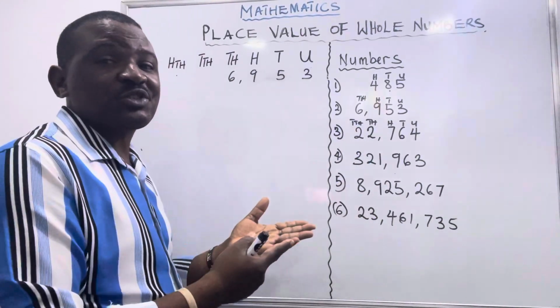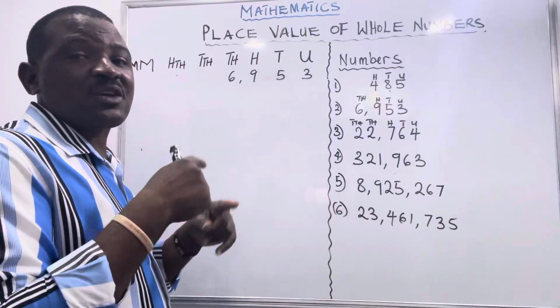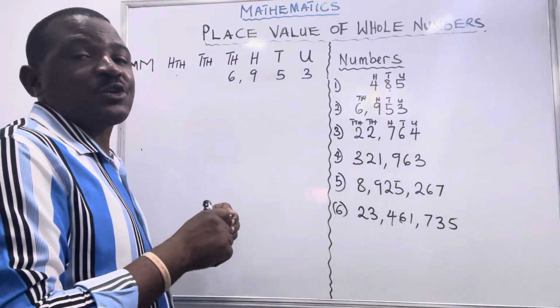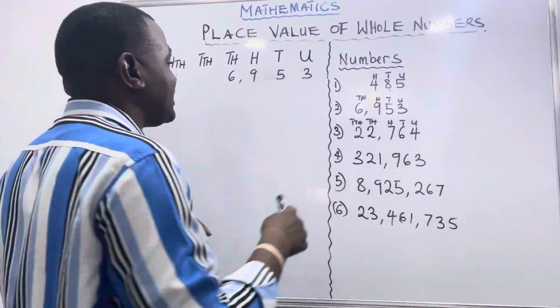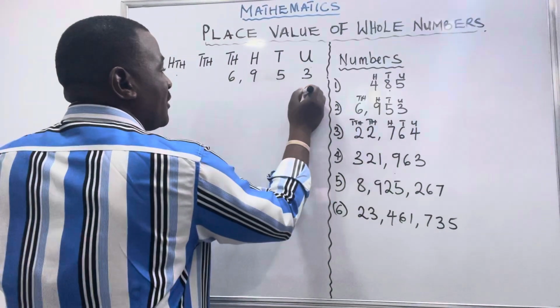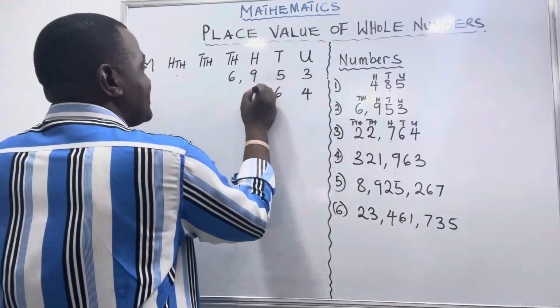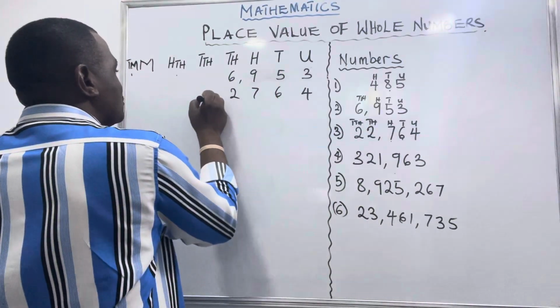It depends on which one they underline or circle, because they will always ask what is the place value of the underlined number. In the case where they mention the number, they will not put the two similar numbers together. So let's say 4, followed by 6, followed by 7, followed by 2, then followed by the next 2.